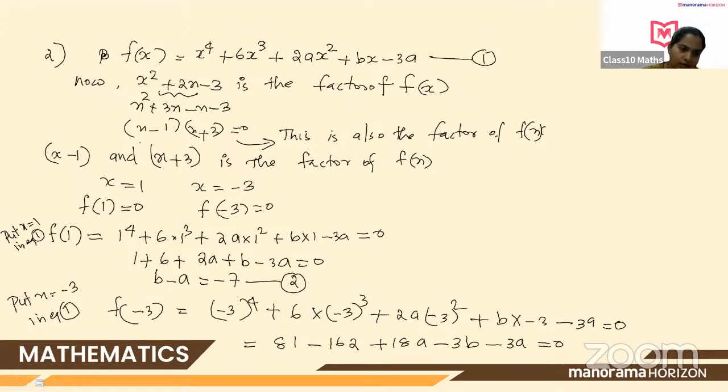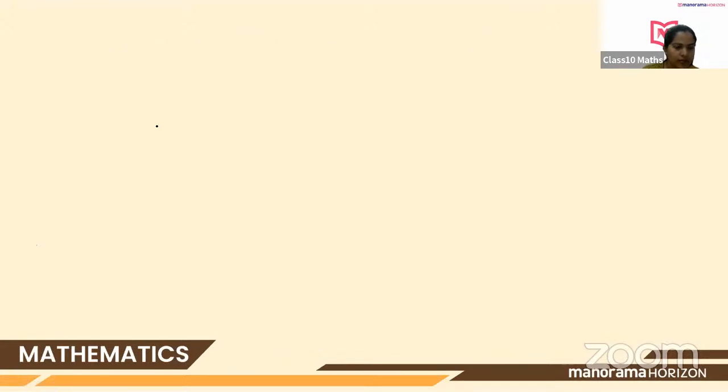Then we can rearrange it and we get 15a minus 3b is equal to 81. Dividing throughout by 3, we get 5a minus b is equal to 27. Okay, so this is equation 3.